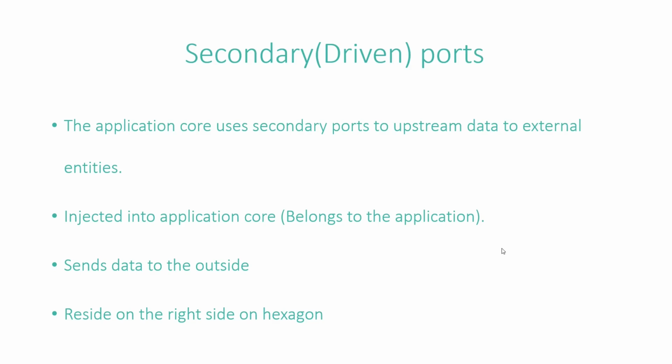They are part of our core processes. They belong to our application, so they are part of our domain business logic. They are used to move the flow and data outside of the application, and as I said at the beginning, they are part of the right side of the hexagon.